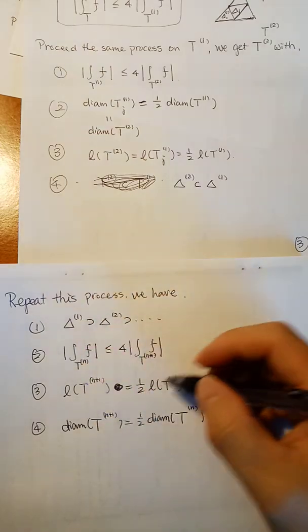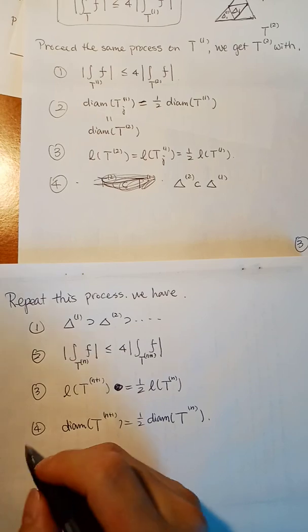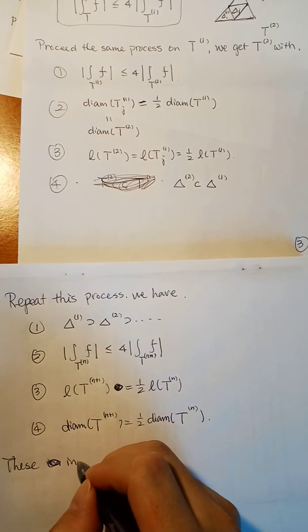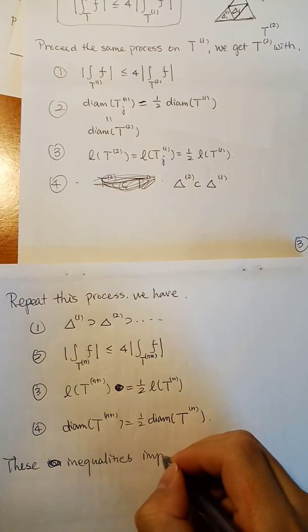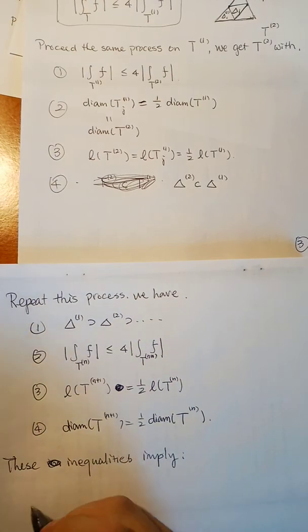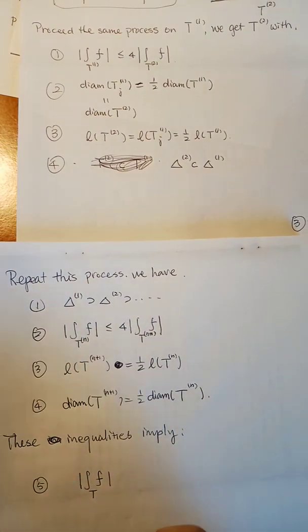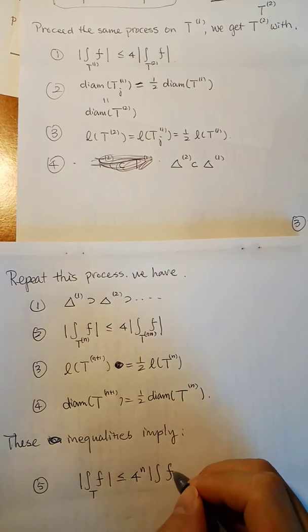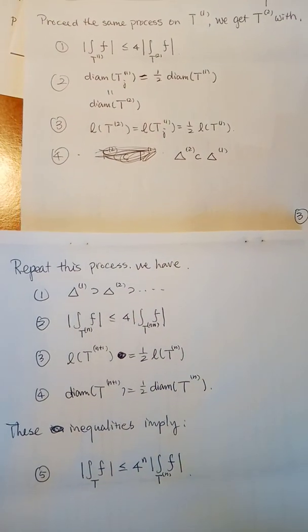So if we don't use n, and use the original T, these inequalities imply, that's 5, the original integral is less than or equal to 4 to the n times the absolute value of the integral of f along T super n.